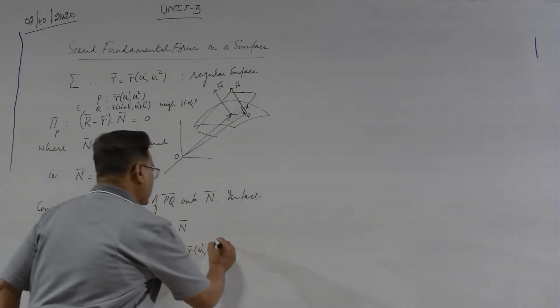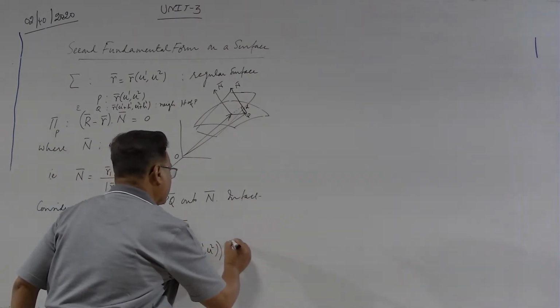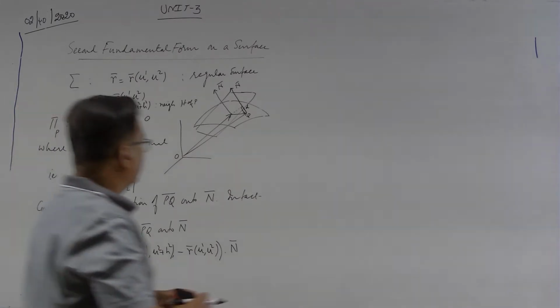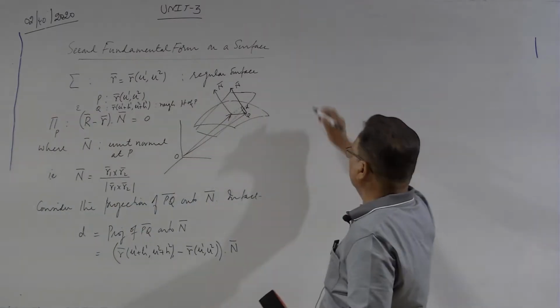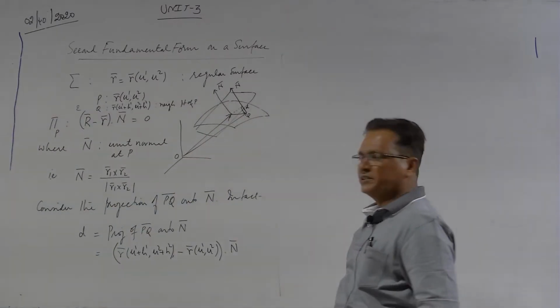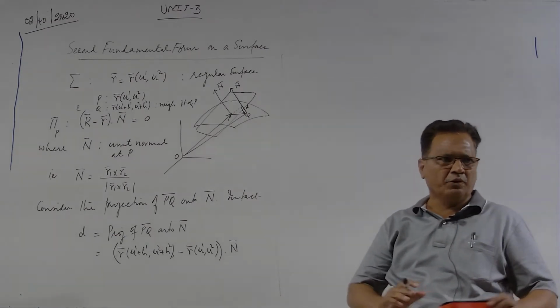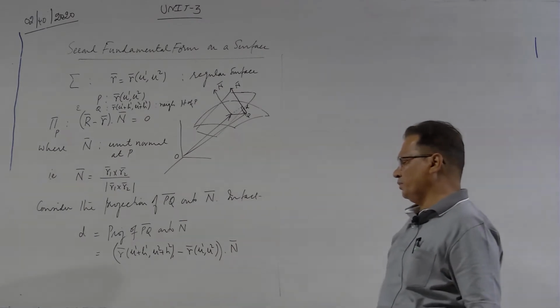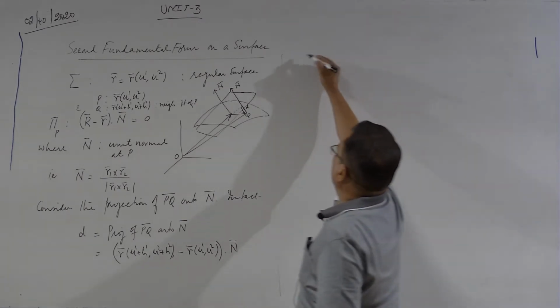Now, you consider its dot product with n, that will be in fact d. So, d is this much. Now, if you want to see it in terms of the derivatives of r, since we have assumed our surface to be regular, you can find an expansion of r of (u1 plus h1, u2 plus h2) by Taylor series.